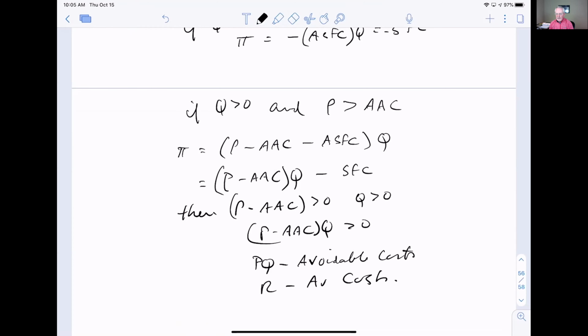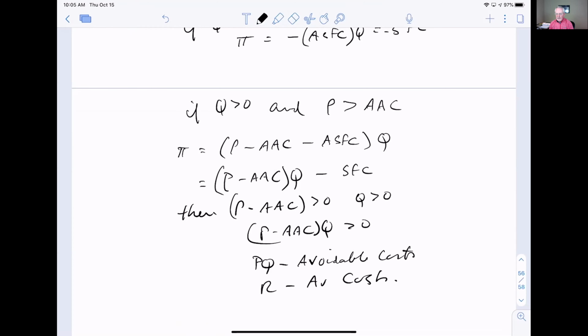Now, if this revenue minus avoidable costs is greater than the sunk fixed costs, the firm will have positive profits. If these revenues minus the avoidable costs are positive, but less than sunk fixed costs, the firm will have negative profits. But by virtue of operating, the firm is able to offset at least some of the sunk fixed costs so that its profits will be greater than minus sunk fixed costs, which is what it would have if it were to shut down.